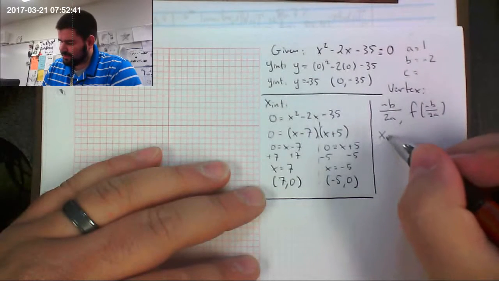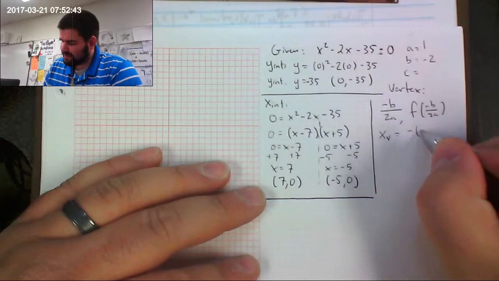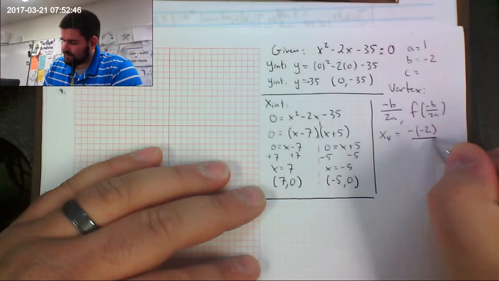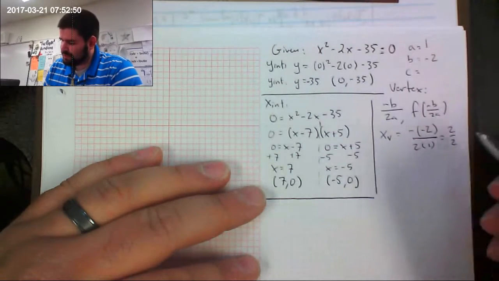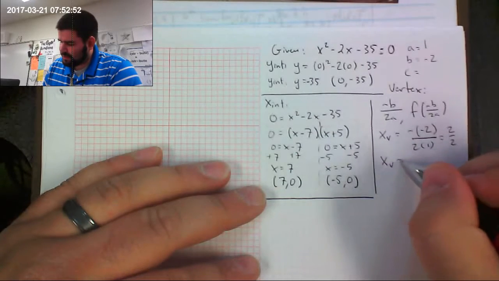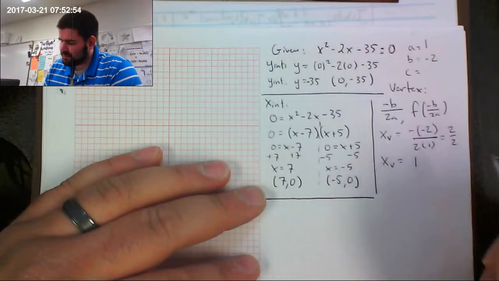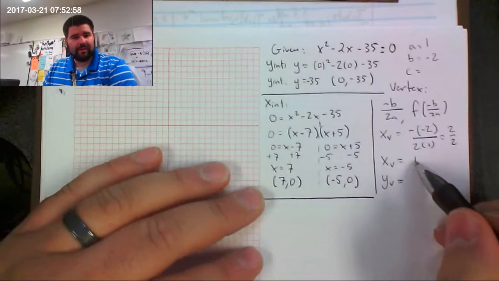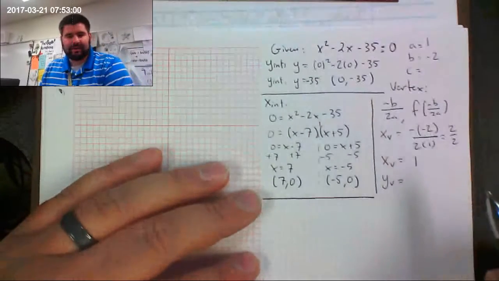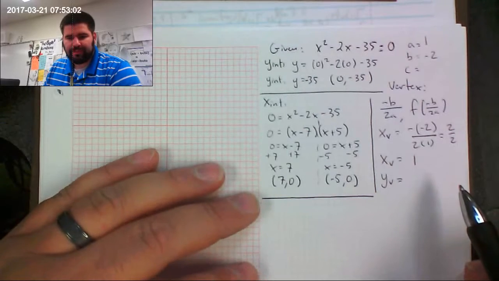So my x coordinate of my vertex is negative times negative 2 over 2 times 1, which is just 2 over 2. So the x coordinate of the vertex is 1, and the y coordinate of the vertex I get by taking this 1 and plugging it back into the original equation.